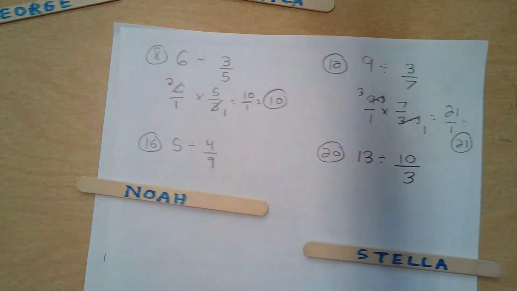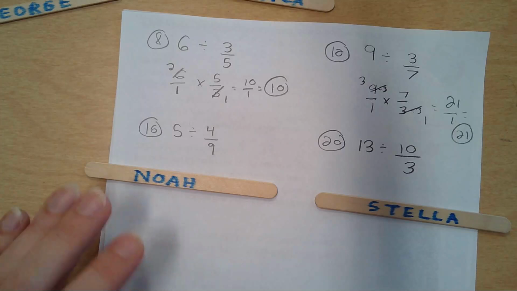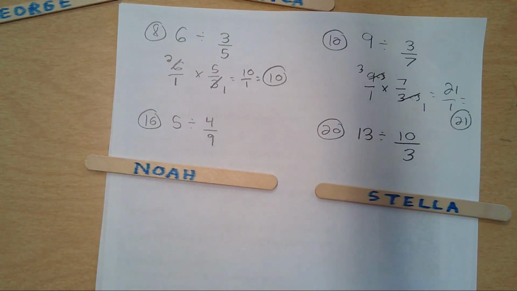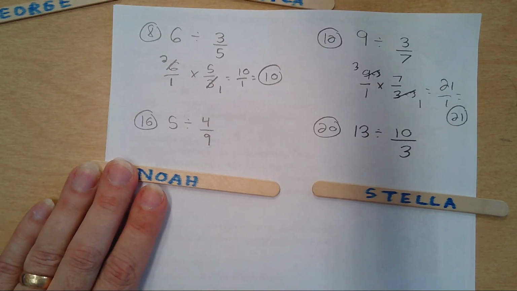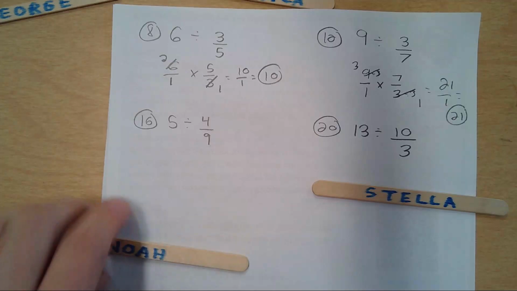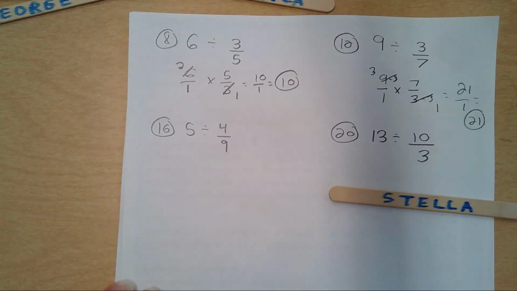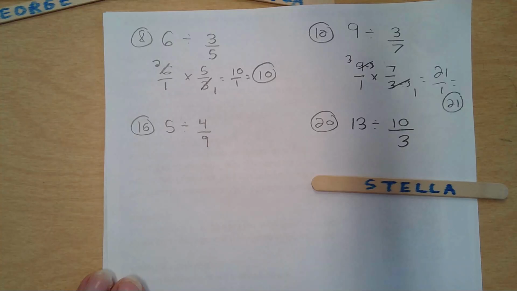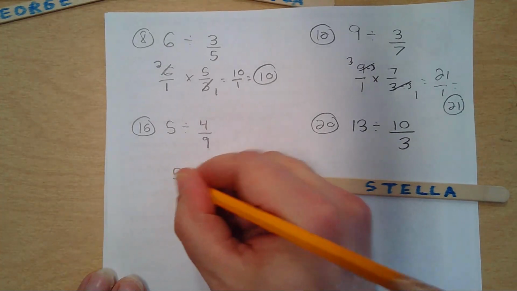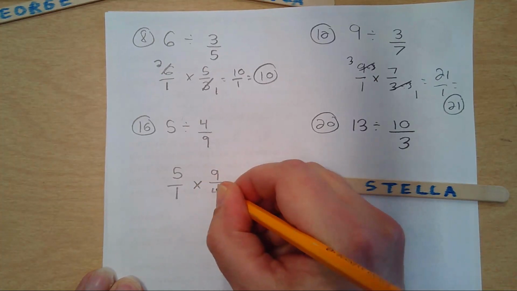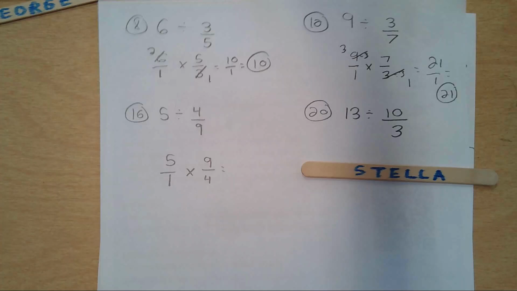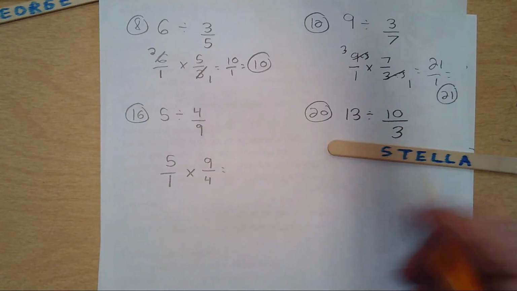All right, Noah, you ready? Okay, rewrite. So you put a 1 under the 5, and then the 9 is over the 4. Right. And then 9 times 5 is 45.